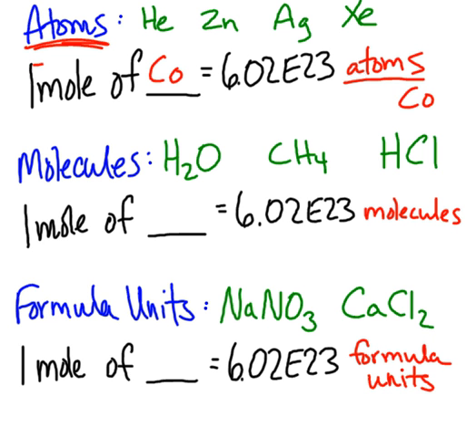Now, molecules like water, methane, hydrochloric acid, HCl, those are all molecules. The reason they're molecules is because those are all compounds that are covalently bonded. Or at least how I like to think of it is, these are all nonmetals that are connected to each other.